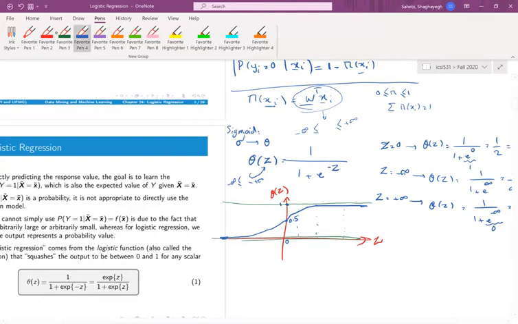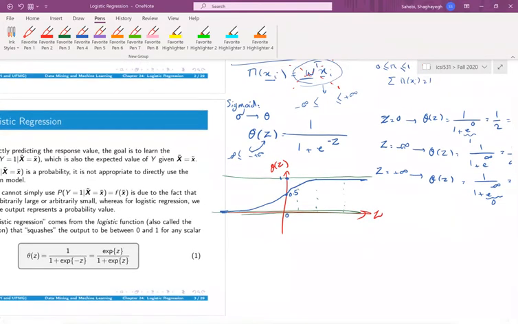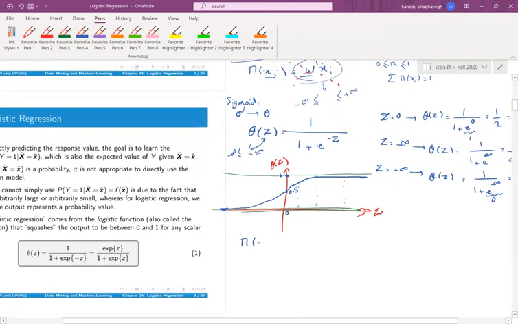So what we can say is that we are not going to have pi of xi to be equal to W transpose xi itself, because we have this restriction on the probability values, but instead we can say that pi of xi is equal to the sigmoid over the value W transpose xi.